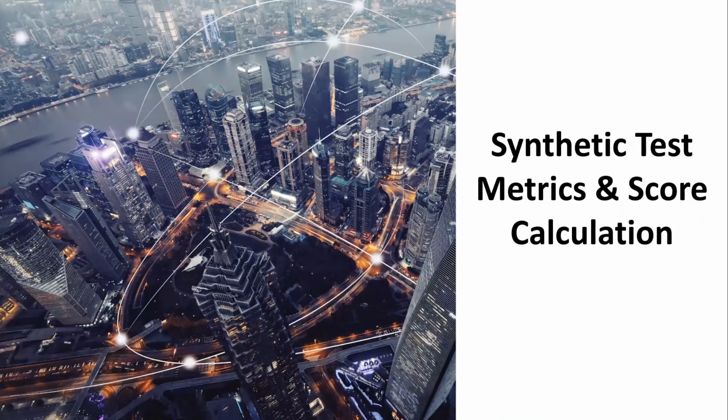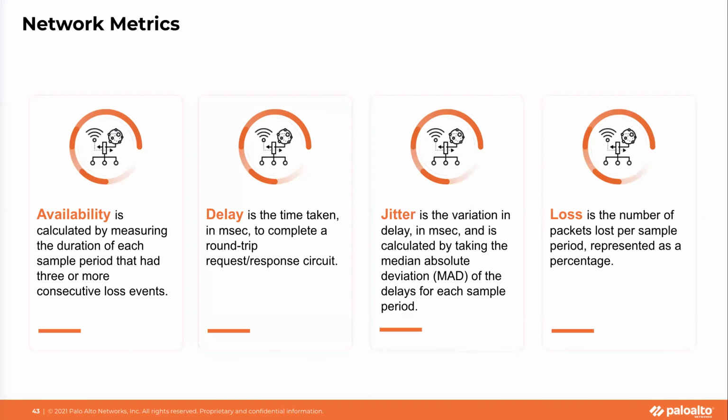Let's discuss the synthetic test metrics and score calculations, how we are doing it. For network metrics, we are measuring availability, delay, jitter, and loss. Availability is calculated by measuring the duration for each sample period that had 3 or more consecutive loss events.